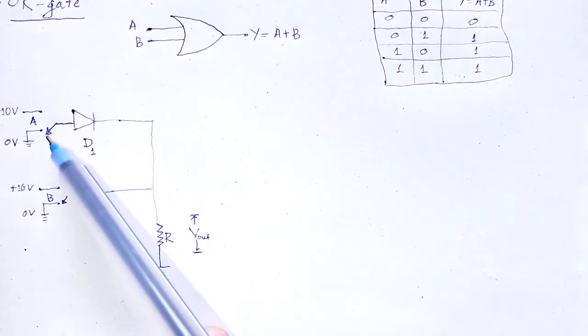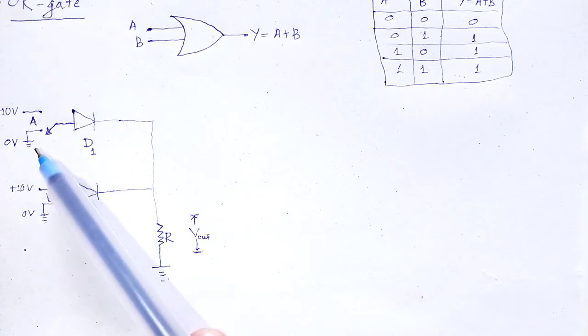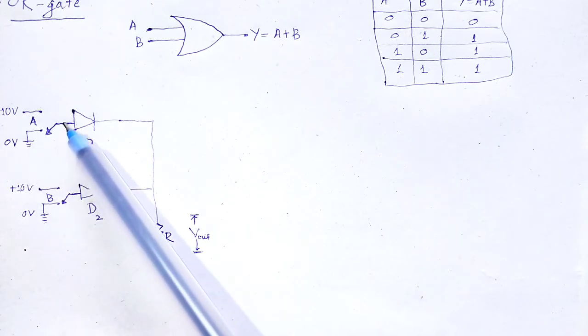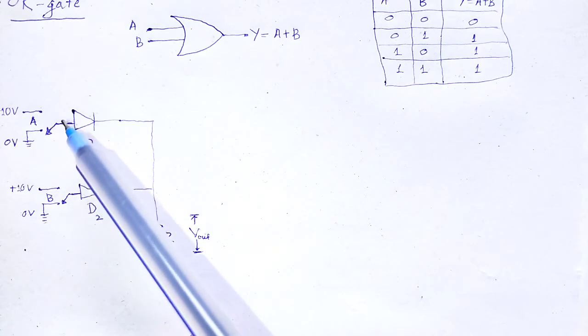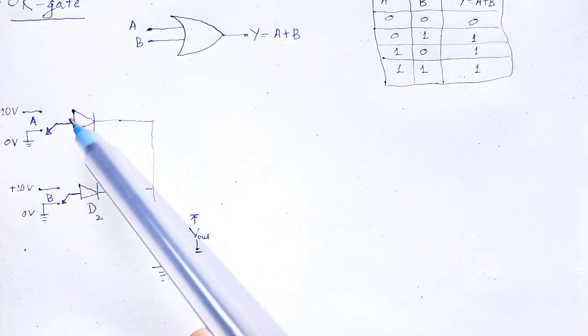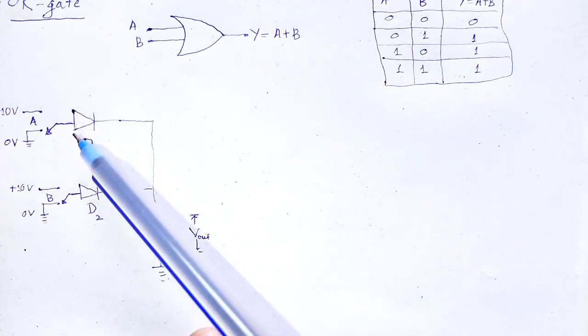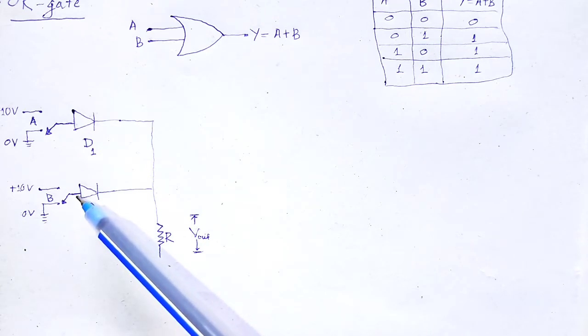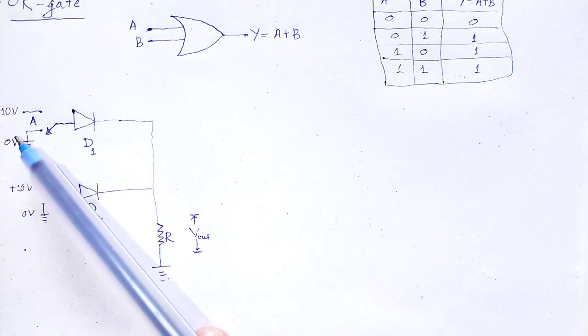Look here, when 0 volt is applied as inputs at the anodes of both the diodes, both the inputs are at 0 levels.